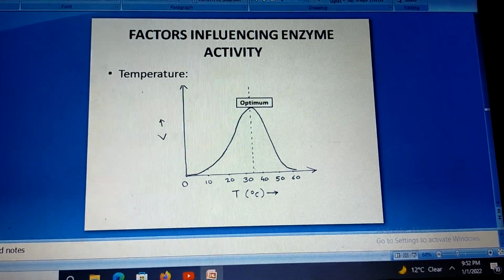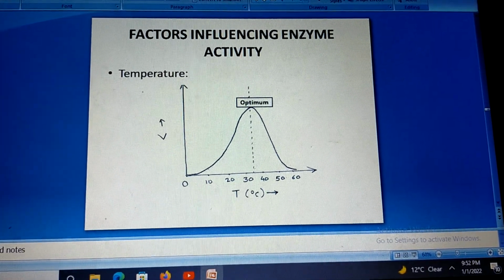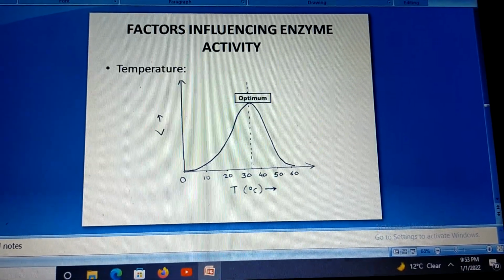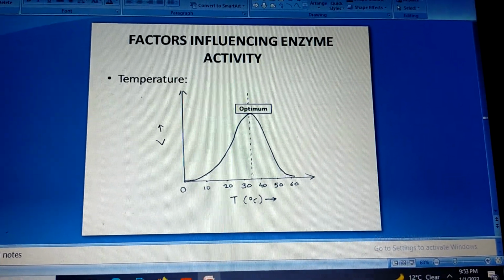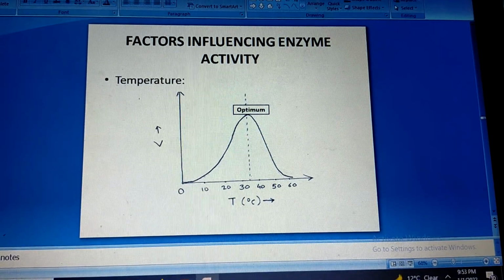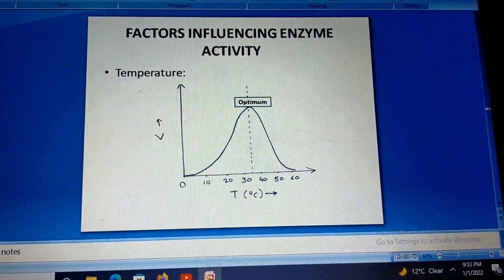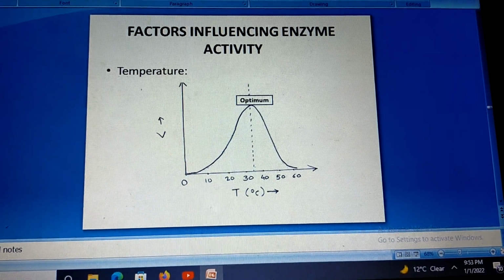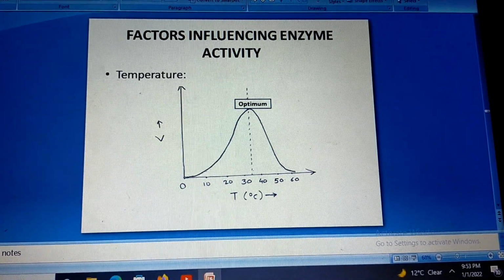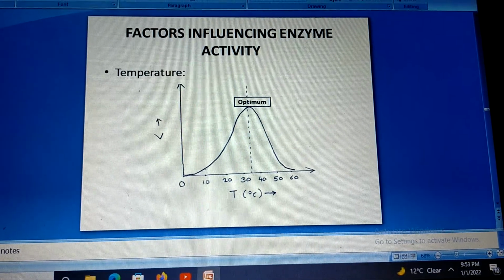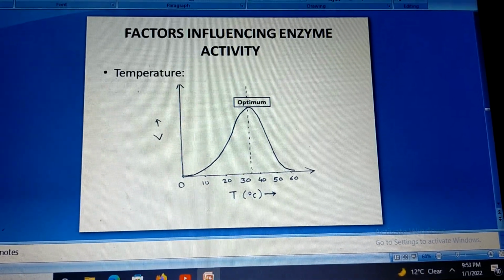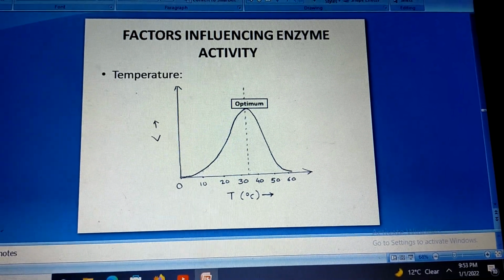When their motion increases, their collision probability in the medium increases. When the enzyme and substrate collide or come together, only then does catalysis occur. So initially when the temperature increases, the velocity of the reaction also increases. It is maximum at optimum temperature.